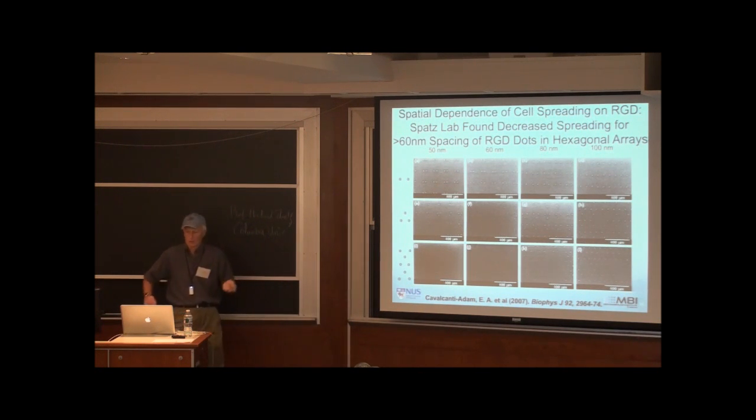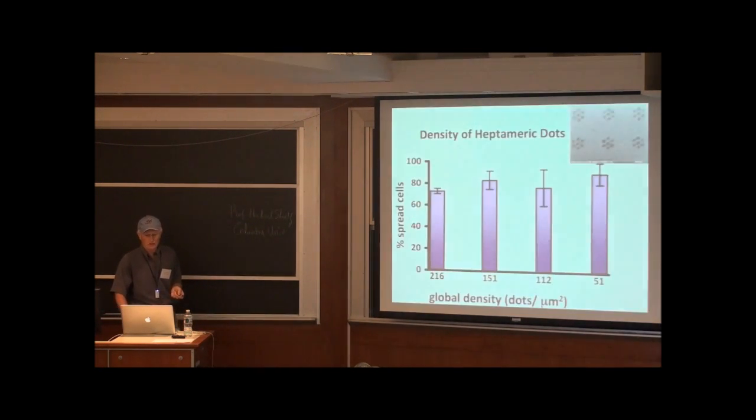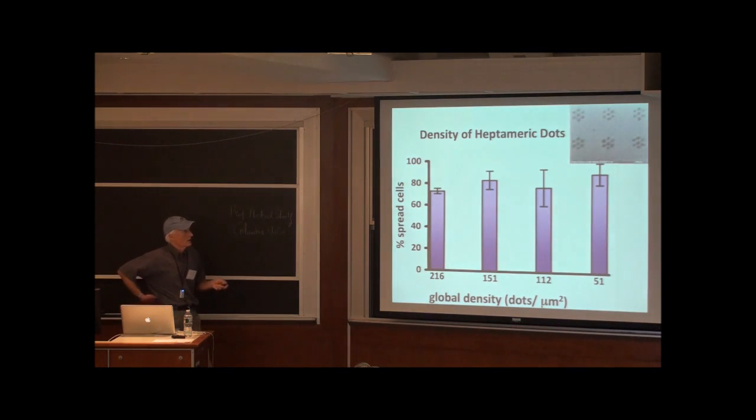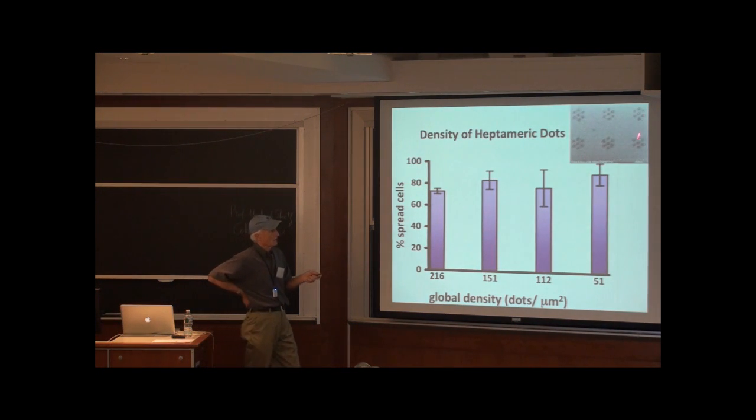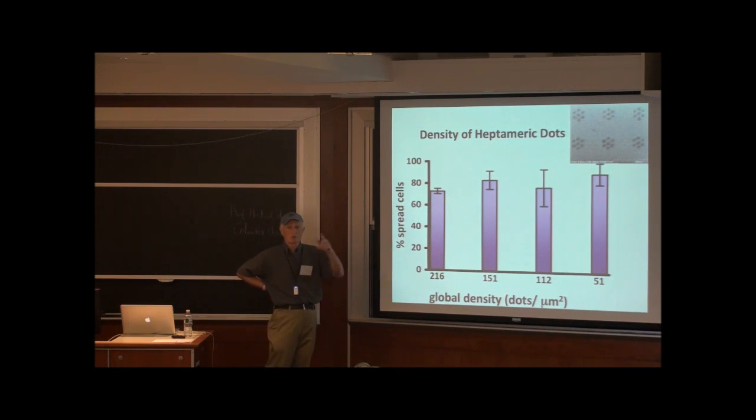So Mark went back and looked at this issue by taking heptameric arrays, in this case a hexagon plus a central dot, and spacing those at various distances to decrease the overall density of dots per square micron.